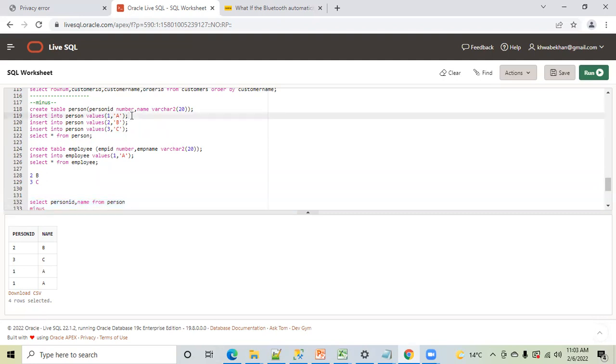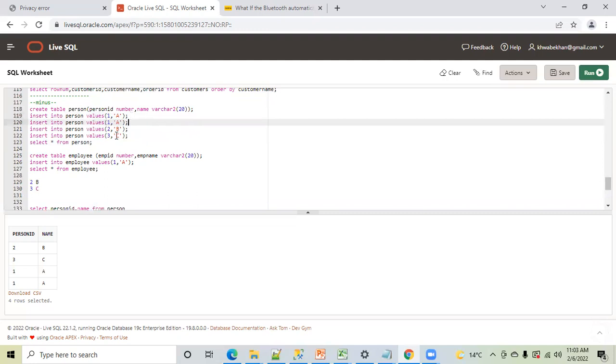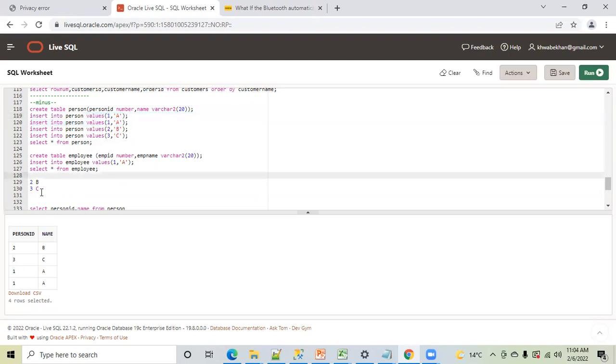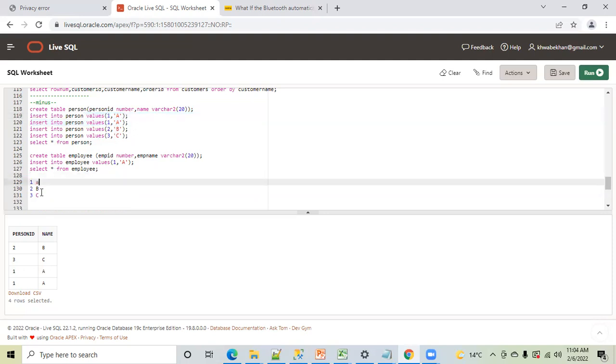Now 2B and 3C are fine, because 2B is not present in the employee table, and 3C is also not present in the employee table. But this 1A, you have two 1A here. Please make a note of this point. So the set of 1A is missing, no? So you should get 1A as well, right?